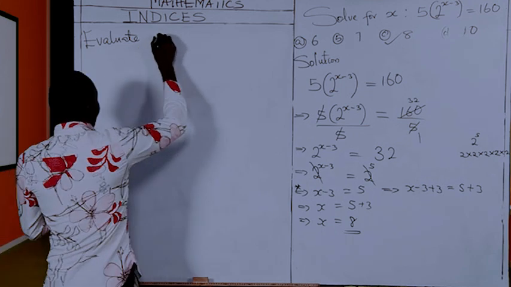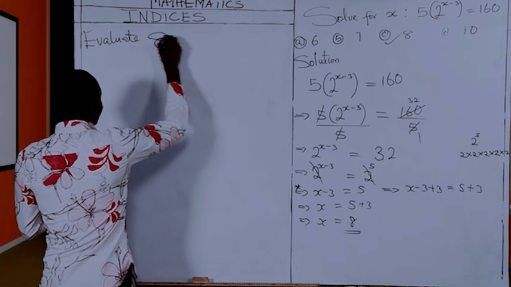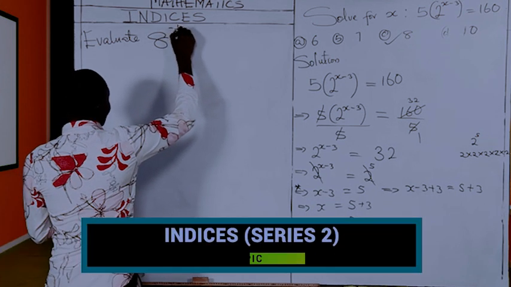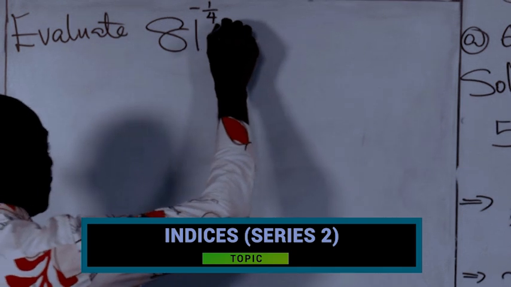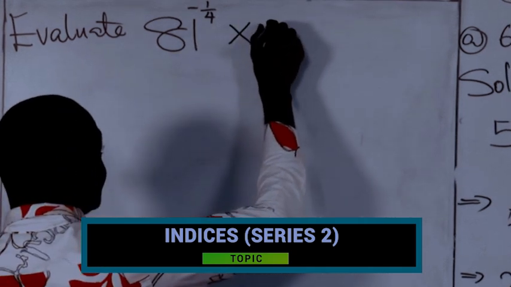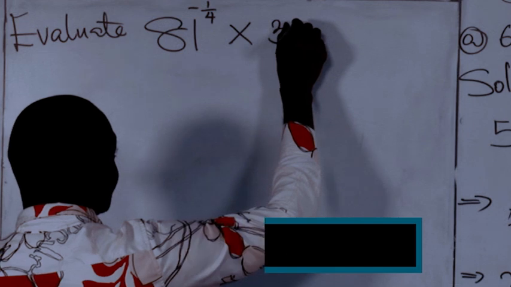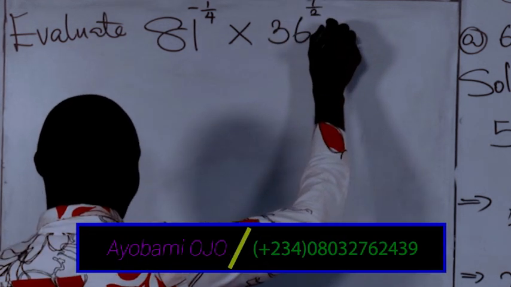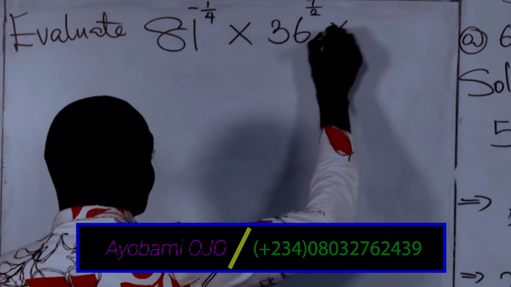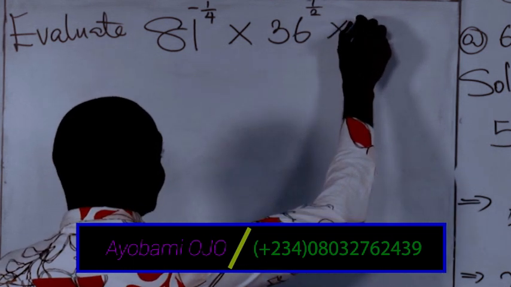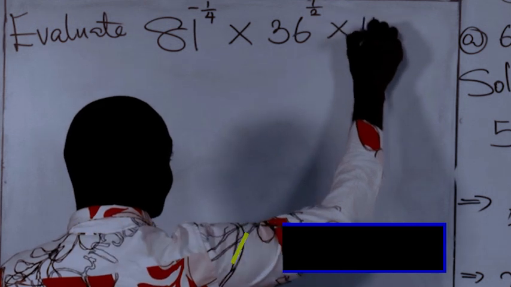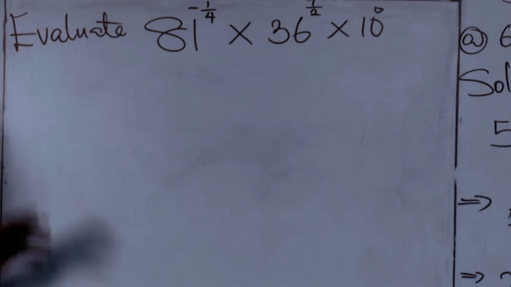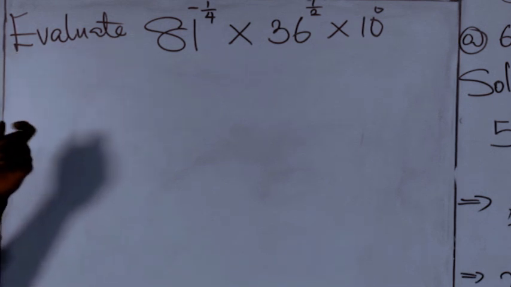Okay, evaluate 81 raised to the power of minus 1 over 4, multiplied by 36 raised to the power of 1 over 2, multiplied by 10 raised to the power 0. Okay, evaluate, find the value.